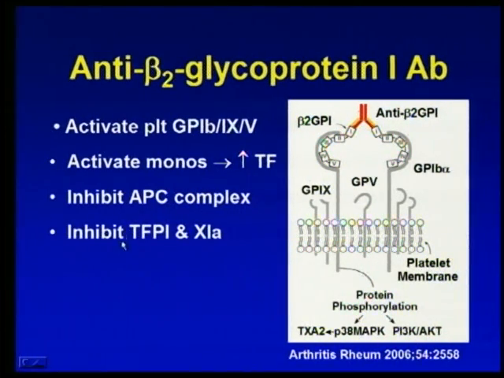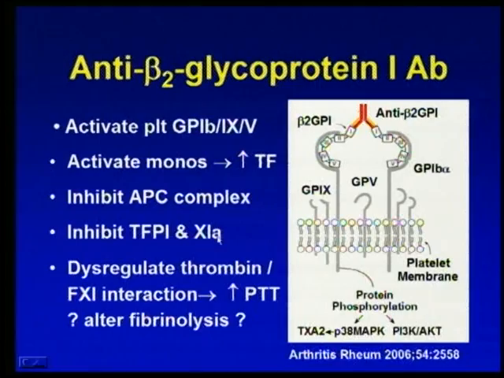These antibodies can also inhibit tissue factor pathway inhibitor and modulate activated factor 11, and can actually affect the interaction of factor 11 with thrombin. That's part of the nature of the anticoagulant activity for this. But it's also thought that this dysregulation of that interaction has an effect on fibrinolysis, tipping the balance towards decreased fibrinolysis, towards propagating or not lysing a clot.